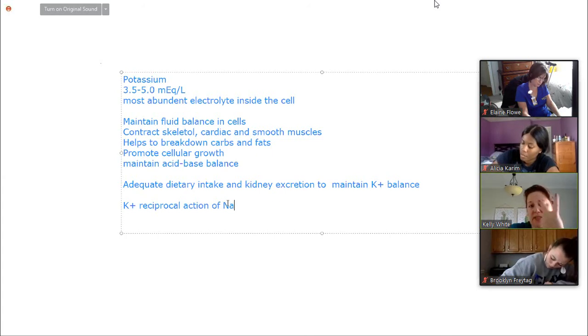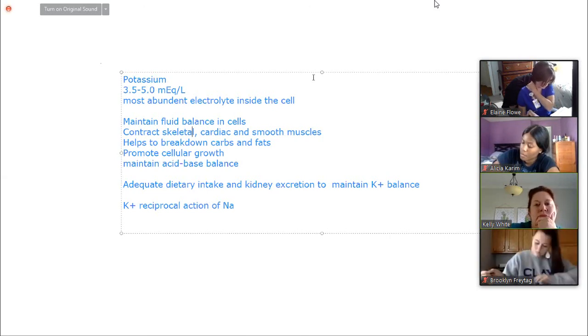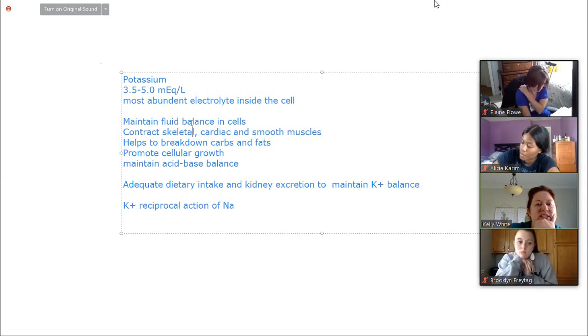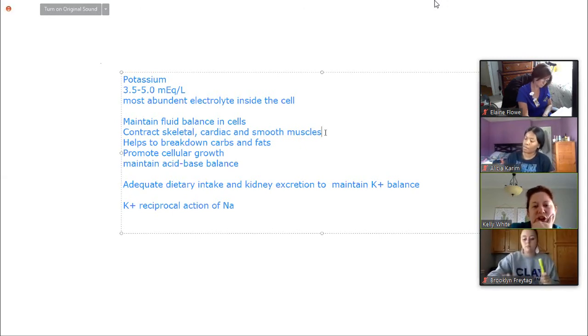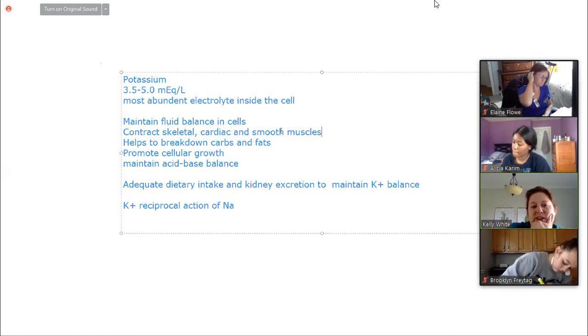They're going to be the opposite. So if potassium helps contract skeletal, cardiac, and smooth muscles, you can see how potassium imbalances could be a very major issue for your heart. That's a huge issue you'll see.